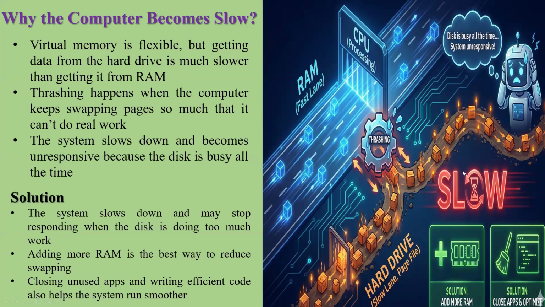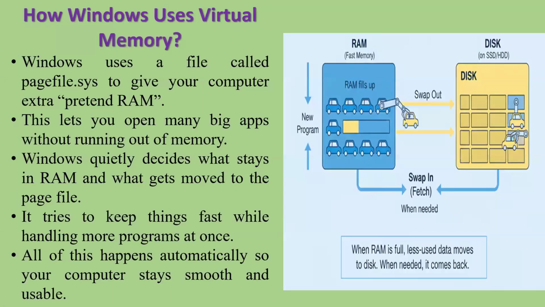Now, let us imagine the virtual memory aspect, how operating systems really carry this out. Let us take the example of Windows. In Windows, there's a helper file called pagefile.sys. It's like a butler storing overflow luggage. It stores extra memory pages and lets many applications run.